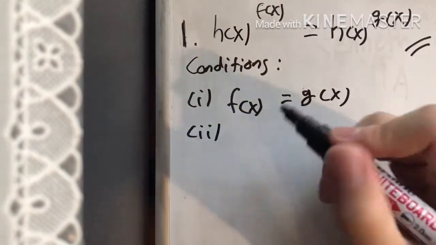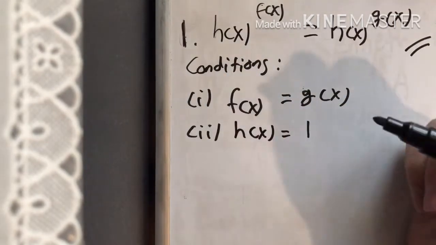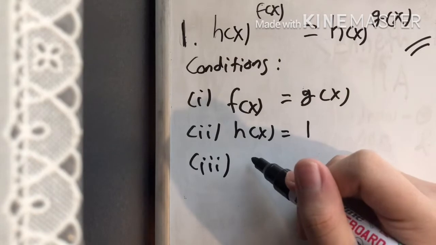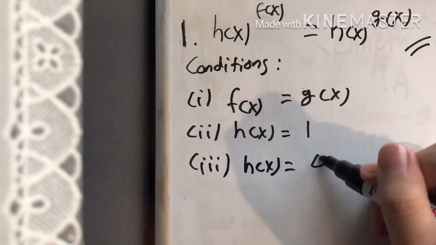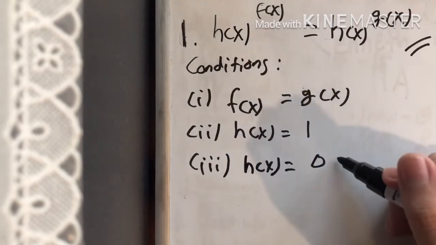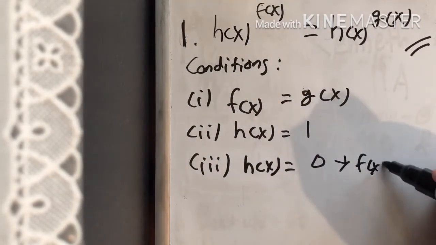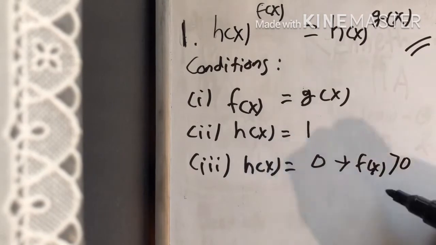The second condition is h(x) is equal to 1. The third condition is h(x) equals to 0. Now in this condition, we can see that f(x) is larger than 0 and g(x) is also larger than 0.